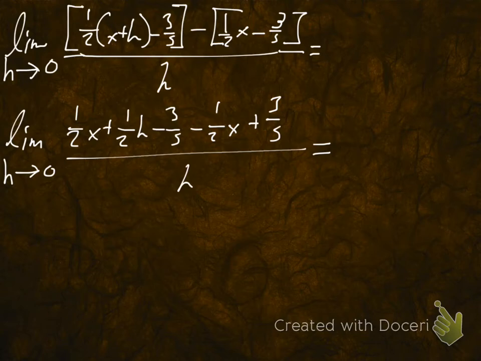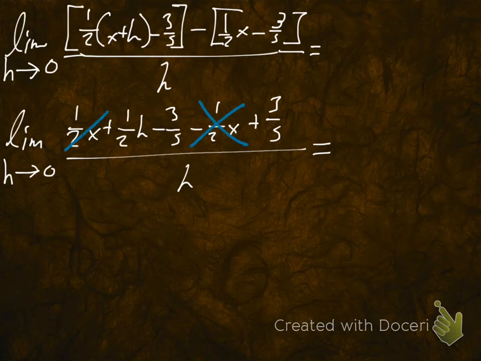So now we're going to need to algebraically and arithmetically simplify the expression in the numerator. If you just want to look at it piece by piece, what do we have? Well, right off the bat, I notice a 1/2 x, and then I notice a negative 1/2 x. So let's get rid of these.